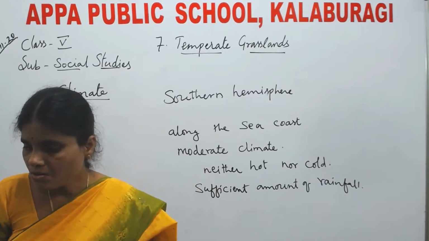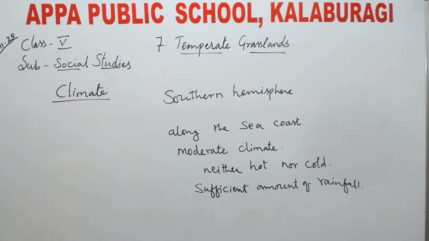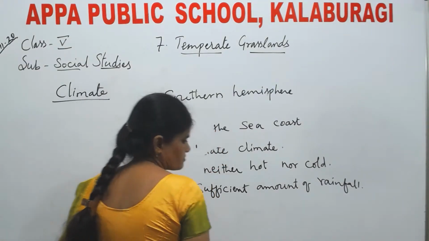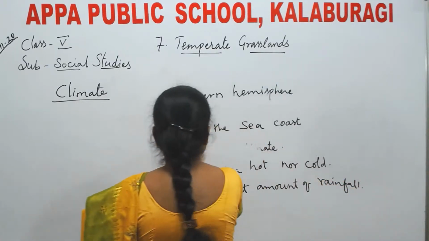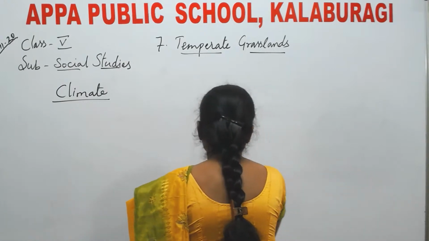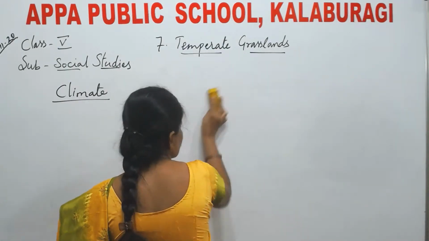Okay. Now, next is vegetation and wildlife. Let us see the vegetation and wildlife. What do you mean by vegetation, children?